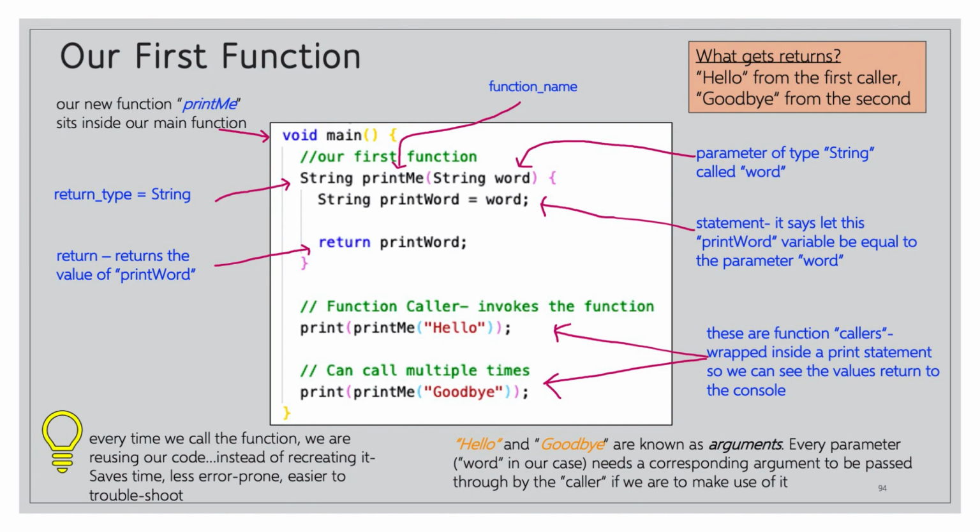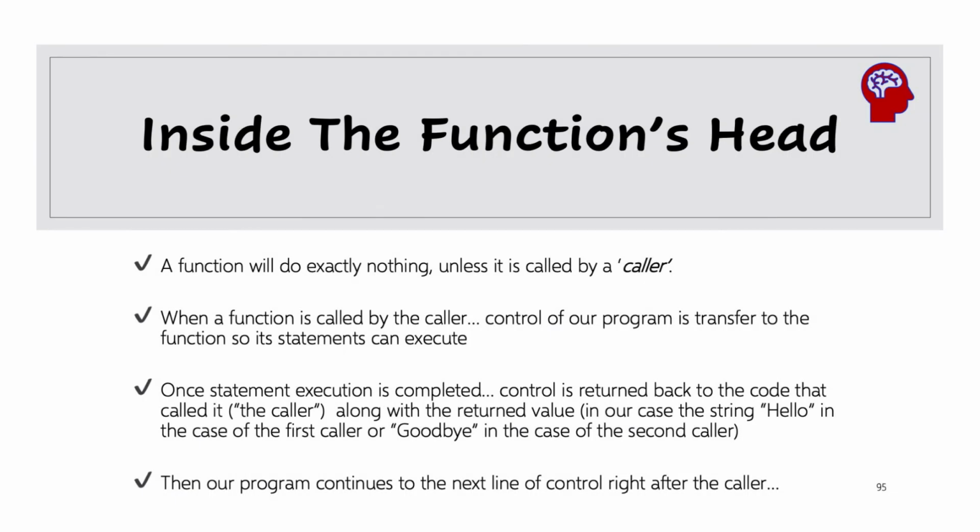Every parameter needs a corresponding argument to be passed through by the caller if we are to make use of it. All right, so let's get inside the function's head to make sure we understand exactly what's going on. A function will do exactly nothing unless it's called by a caller. When a function is called by the caller, control of our program is transferred to the function so its statements can execute.